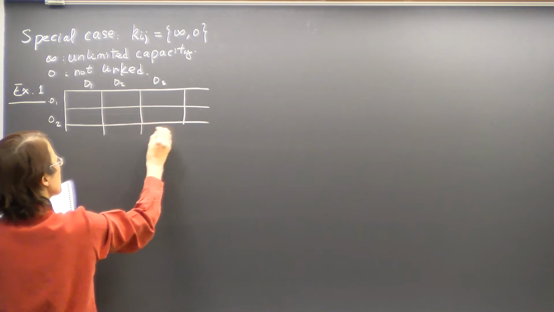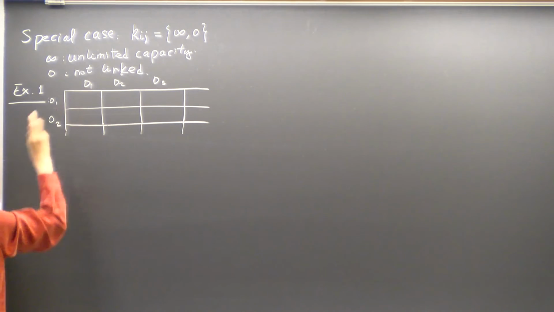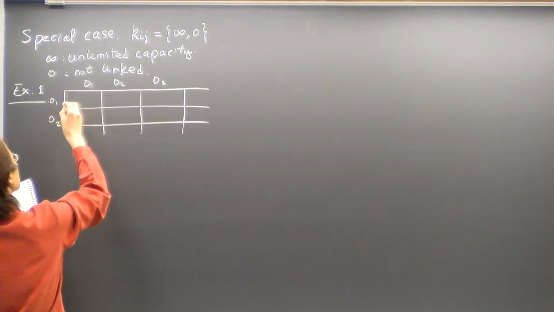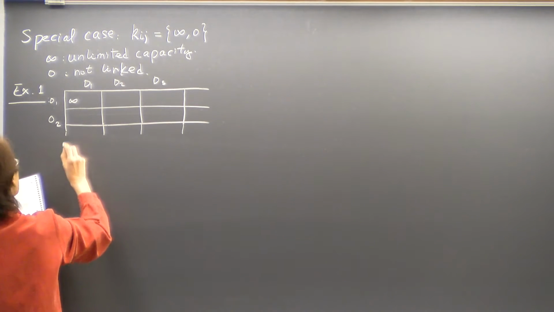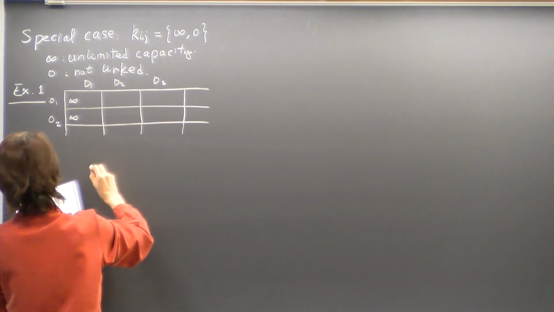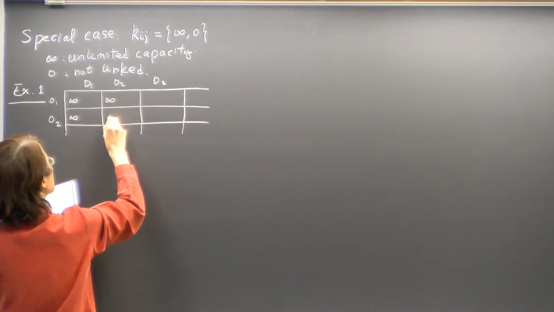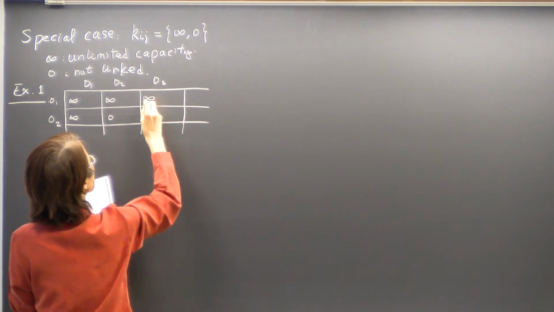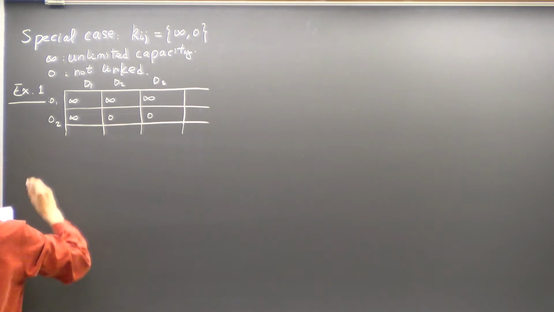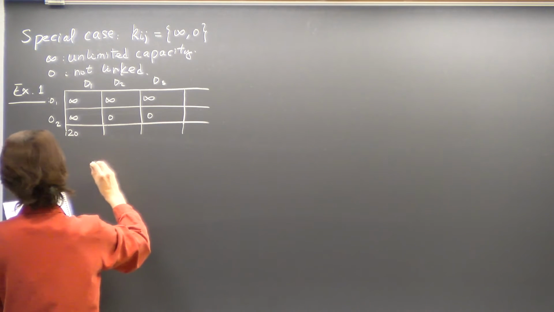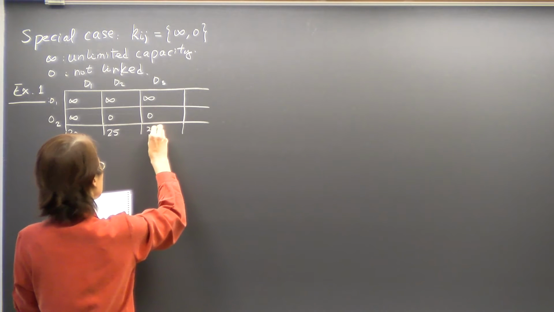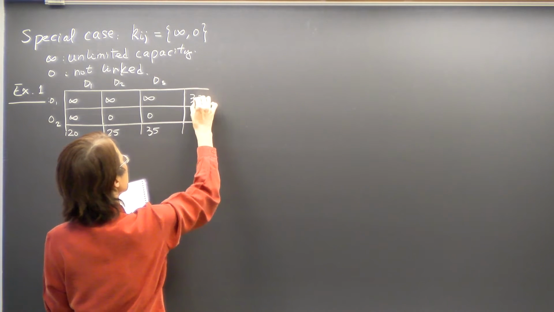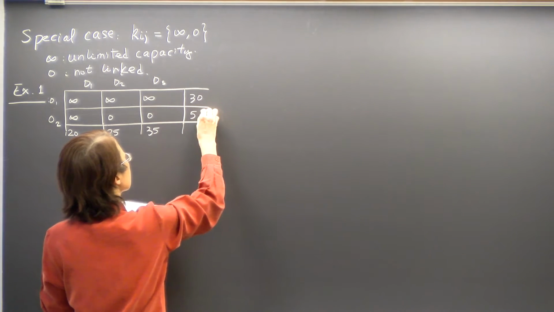Okay. So what I will put inside here is this situation, either infinity or 0. So I'll put infinity, infinity, infinity, 0, infinity, 0. And that's the demand, 20, 25, 35, and here's the supply, 30 and 50.